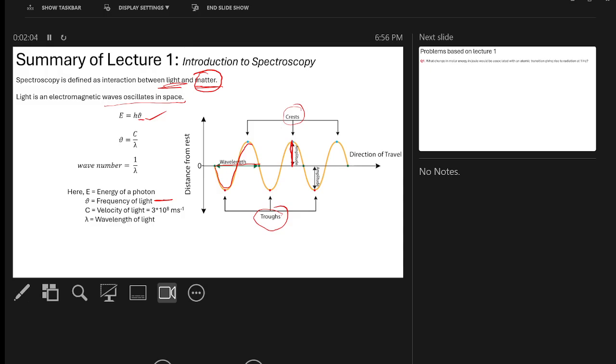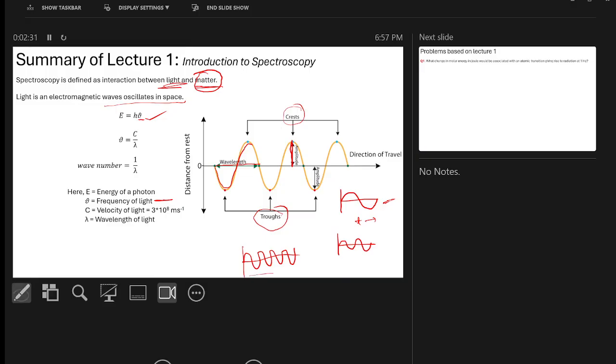Let's try to see here. I will draw two situations. In the first, there is only one wave, and let's say this is the time axis. In the second case, we have two waves, so it's oscillating faster than the first case.